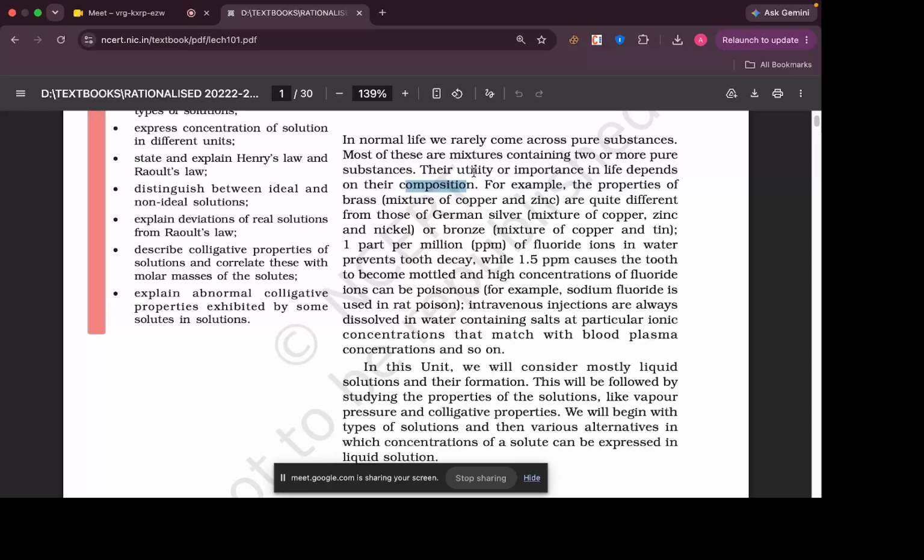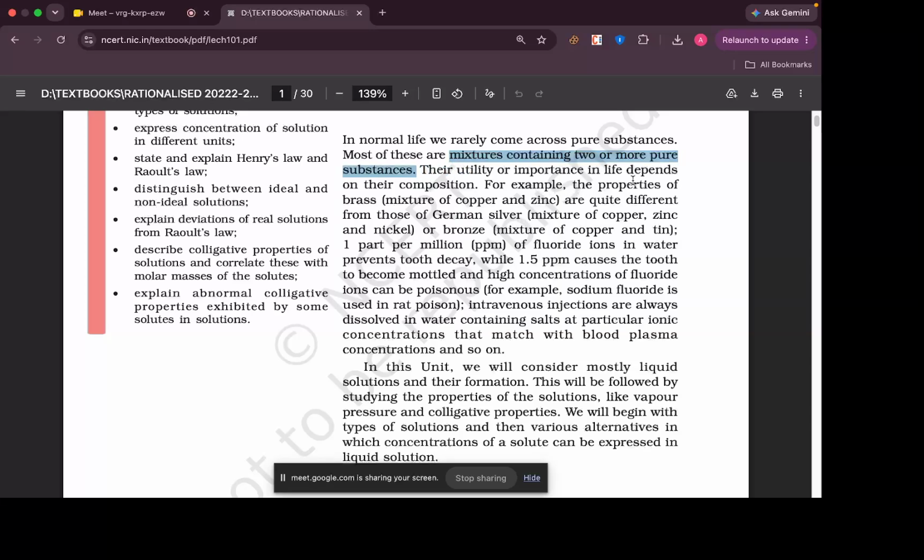So there I will get rice and sambar. Here two pure things I am taking for a mixture, but in a different composition and its use case is different. This we already know, so will you tag it? No, I will not tag it. I will only mark this: mixture containing two or more pure substances. This is my first point.